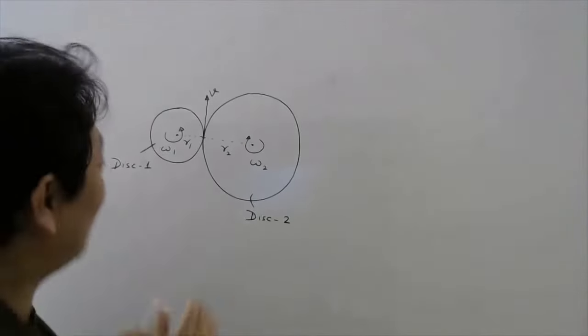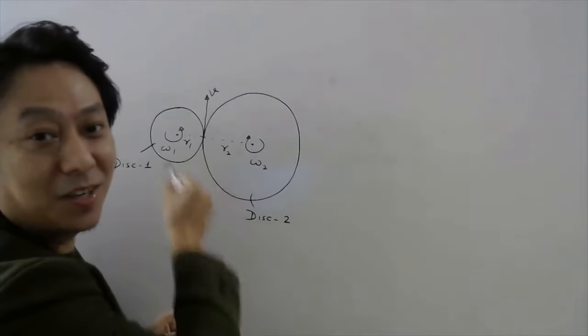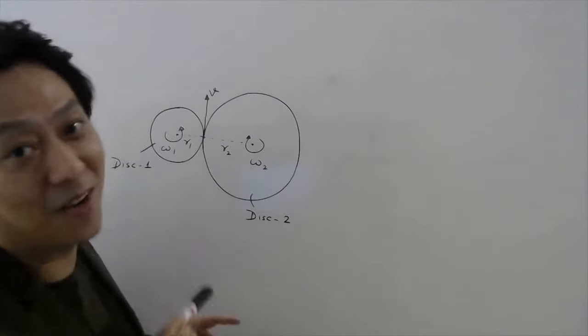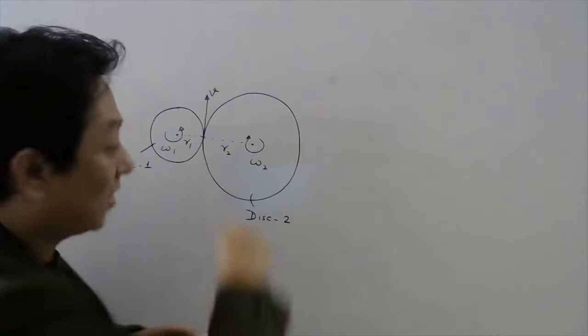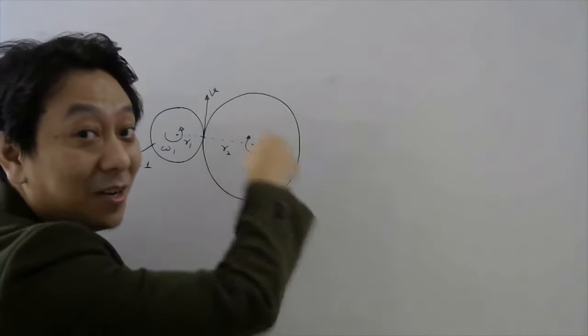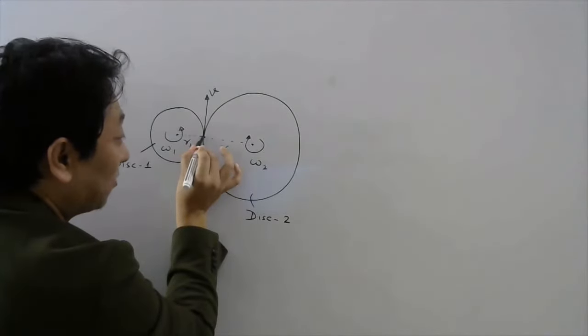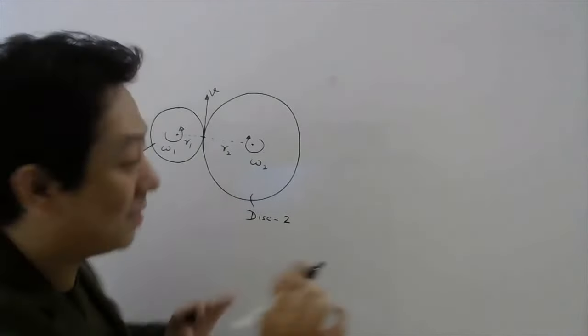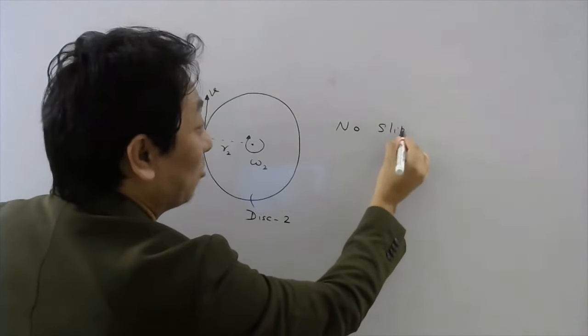Let us consider these two discs. The first one has radius r1 and it is rotating with angular speed omega 1. The second one is larger, radius is r2, is rotating with angular speed omega 2. Now, if I say at the point of contact there is no slipping, then what does it mean?